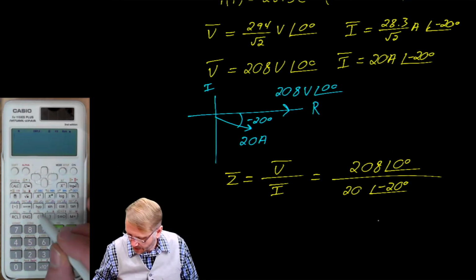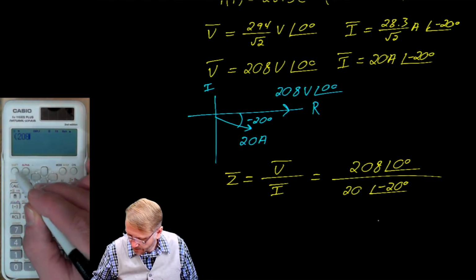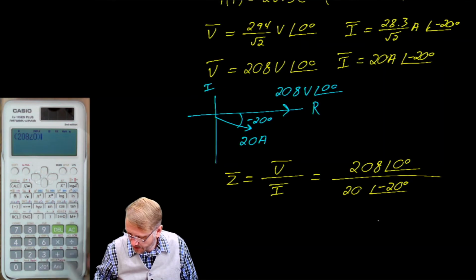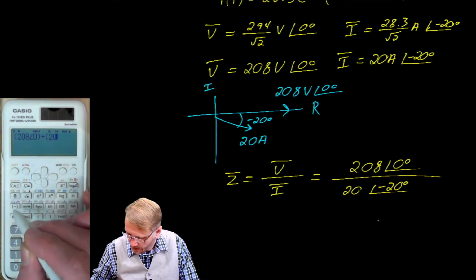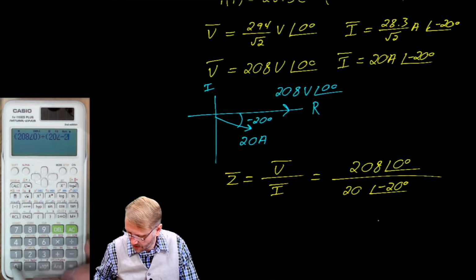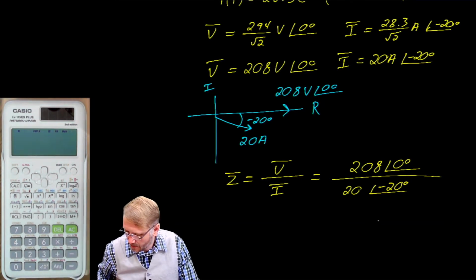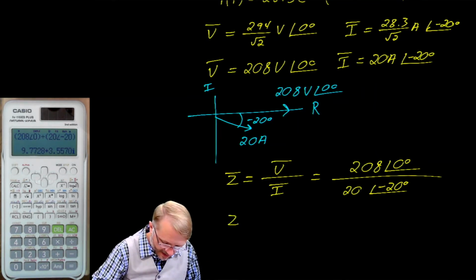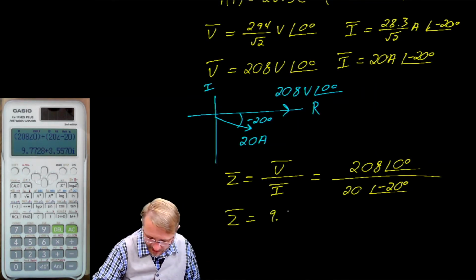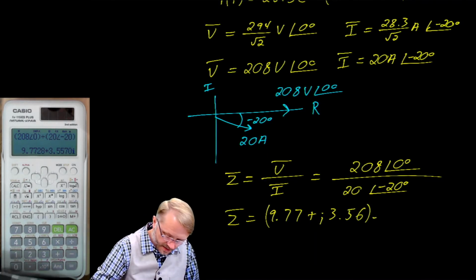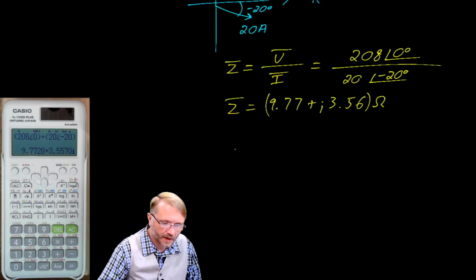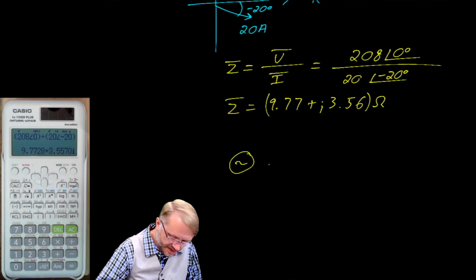We can enter that into the calculator as 208 at a phase angle of 0 degrees divided by 20 at a phase angle of negative 20, which gives us an impedance of 9.77 plus j3.56. And that is in ohms. Jumping ahead, we would draw a schematic like this.